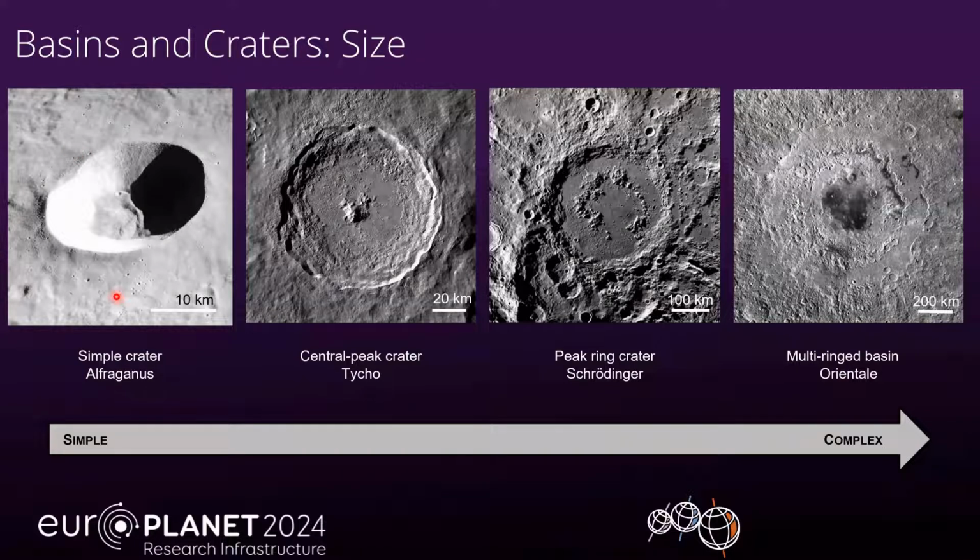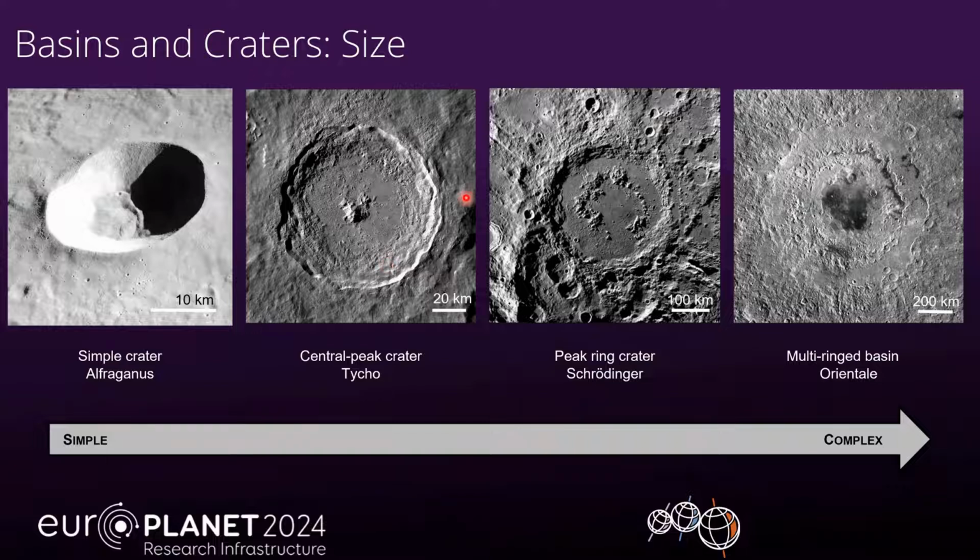As craters get larger, there's a transition from this simple morphology into a complex morphology, and this depends on the gravity of the Moon. This transition happens at different diameters depending on what planet or body it happens on, because it's gravitationally controlled. When you get to larger craters, for example, you get a central peak crater like the crater Tycho. You can see that the crater wall is more complex.